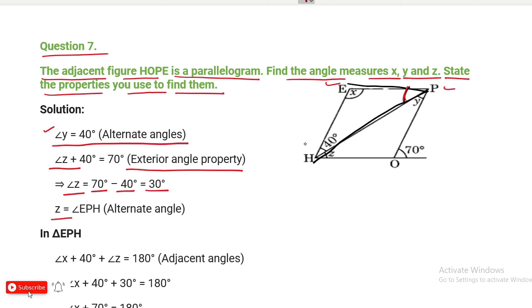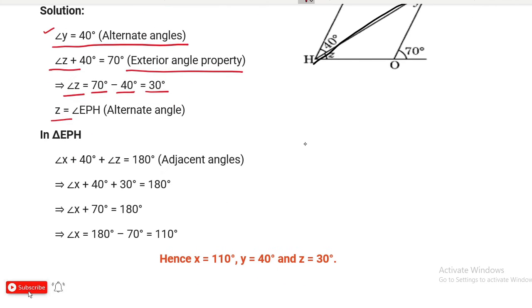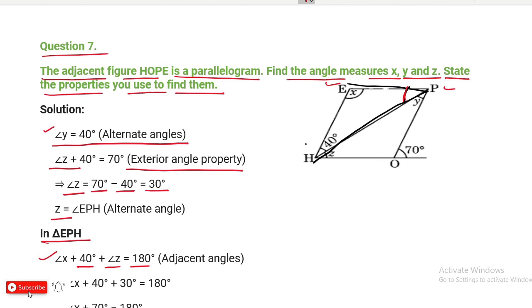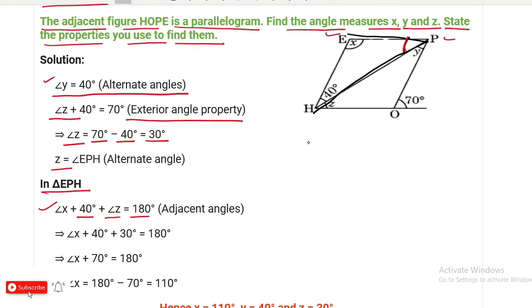Now, in triangle EPH, angle X plus 40 plus Z is equal to 180.